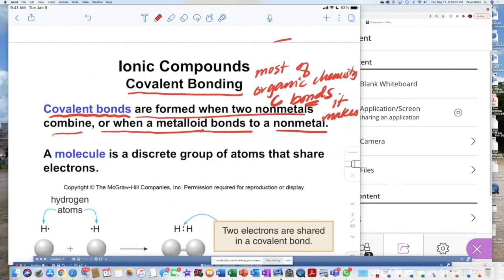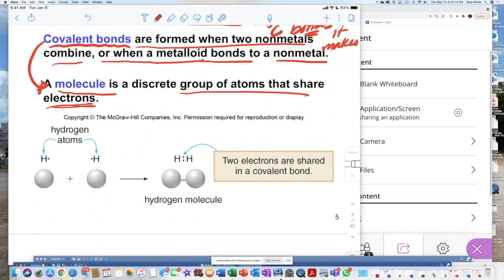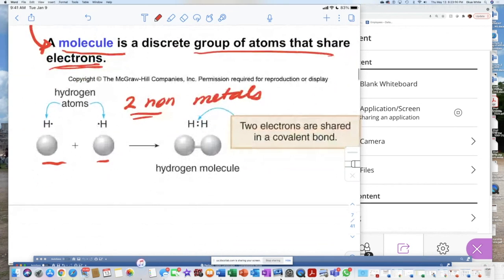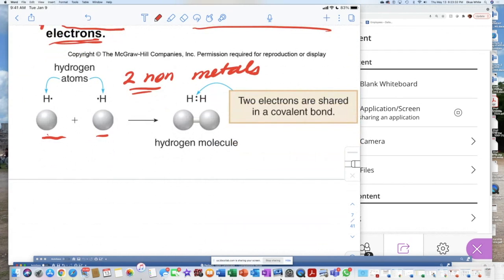So when we talk about the compound formed, covalent bonds are formed in molecular compounds. So we're told here that a molecule is essentially a group of atoms where the atoms are sharing electrons. So this has to also do with your size. So here, notice they said 2 non-metals. And what's our first example? The ambiguous element hydrogen. Okay, so real quick here, we're seeing 2 hydrogens coming together and they're forming a hydrogen bond.